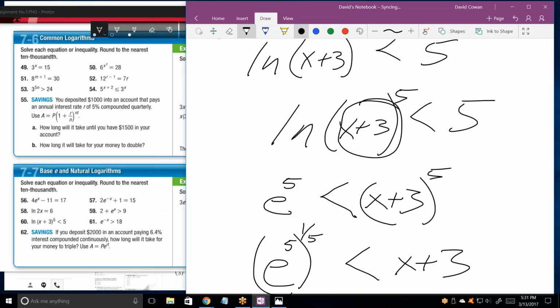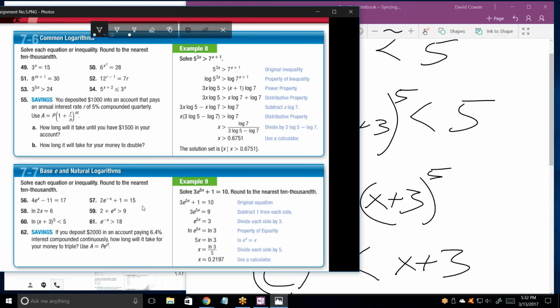I don't honestly know the rule governing whether you can convert a natural log inequality to exponential. If it's an equation, we can definitely do it. If it's an inequality, not all rules that apply to equations apply to inequalities, but probably in their example, no, they just do an equation.